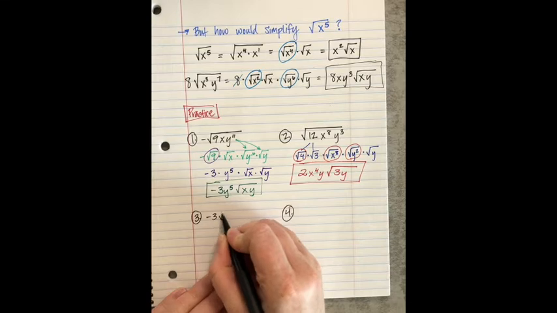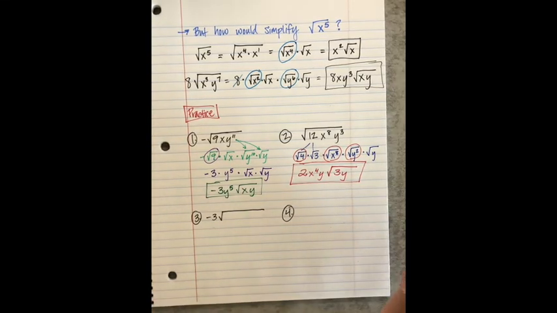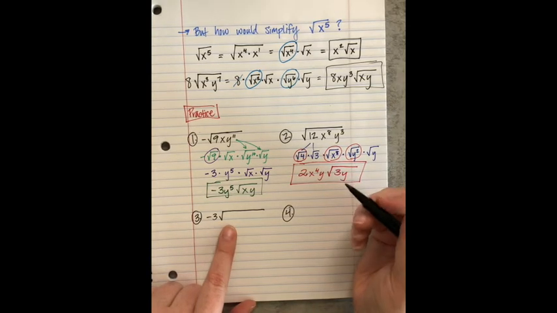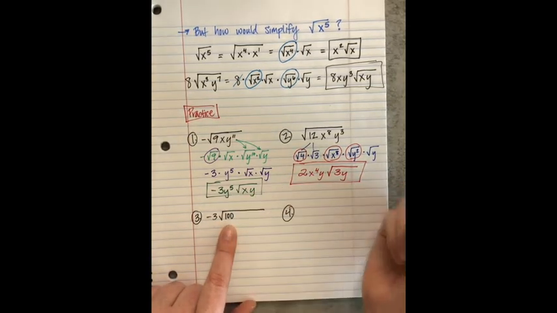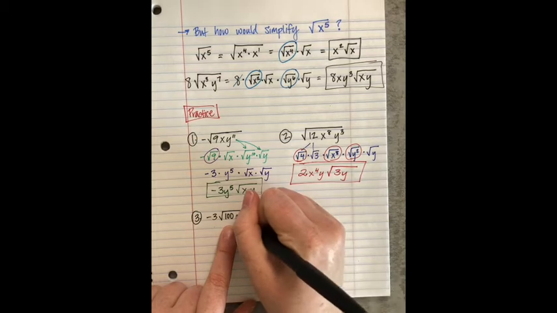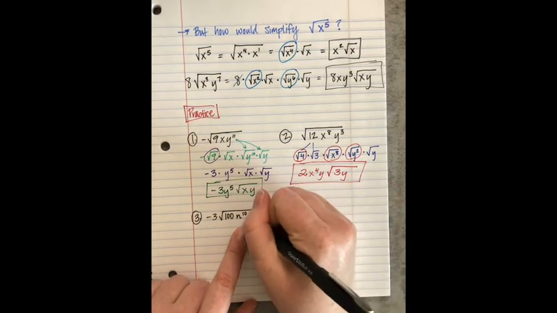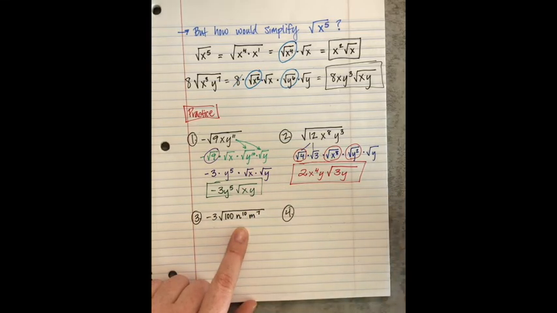I'm going to write them down and then give you a second to just kind of work on them. So number 3, you're going to have a negative 3 out front. Under the radical, you have 100 n to the 10th power, m to the 7th power.